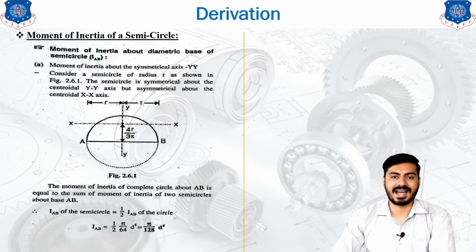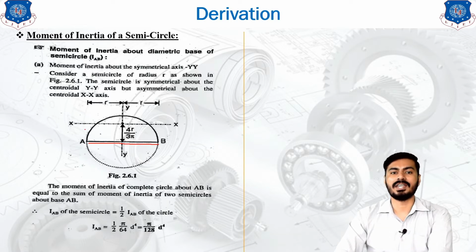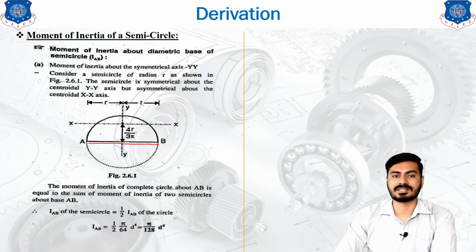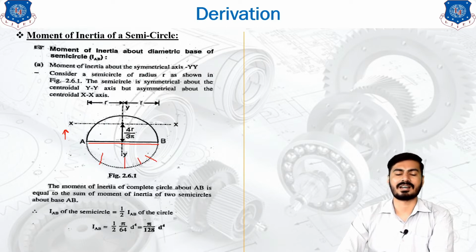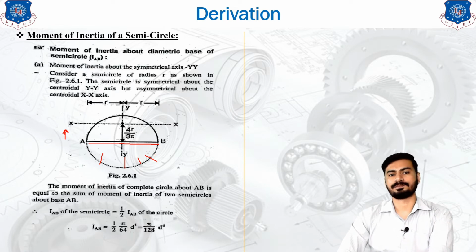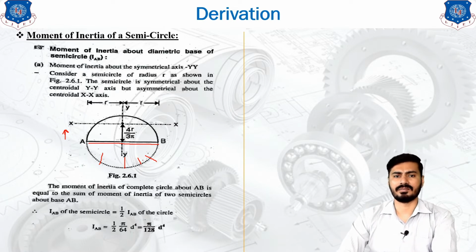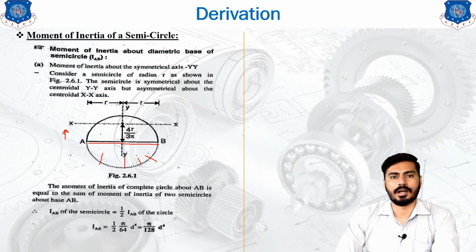What is the diametric base of the semicircle? The diameter itself, which is represented by AB. We are considering the upper portion of the semicircle; the bottom part is the left cutout portion of the circle. Here we have taken the circle as a reference.